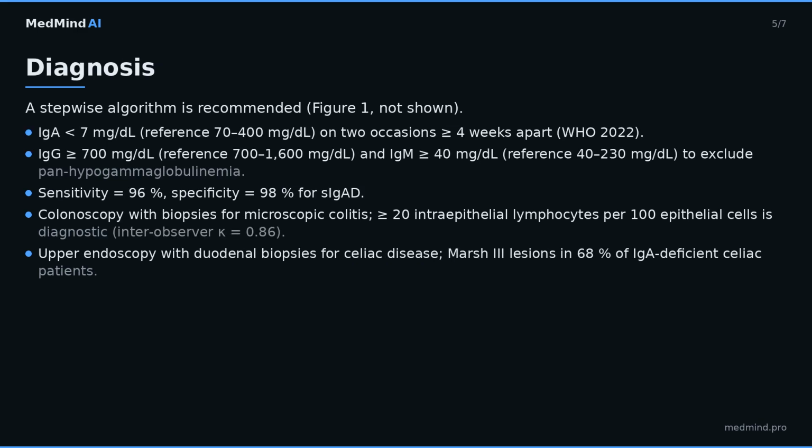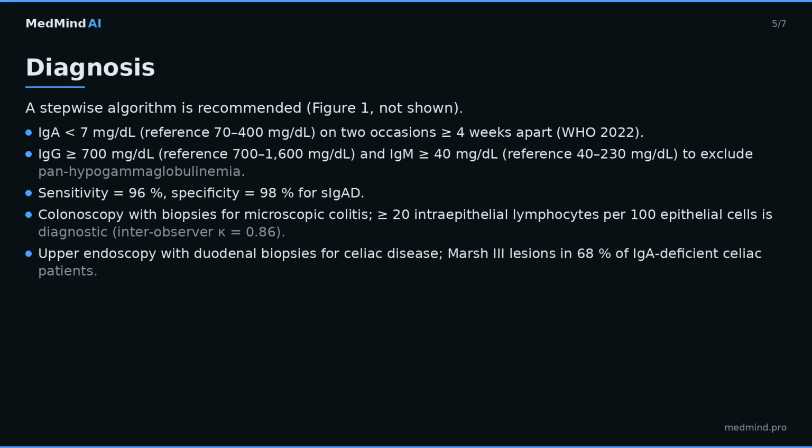Diagnosis. A stepwise algorithm is recommended, Figure 1, not shown. 1. Serum immunoglobulin panel, key points: IgA less than 7 mg per deciliter, reference 70 to 400 mg/dL, on 2 occasions greater than or equal to 4 weeks apart, WHO 2022.